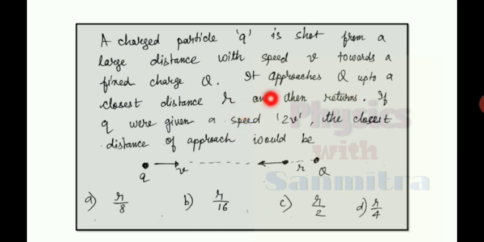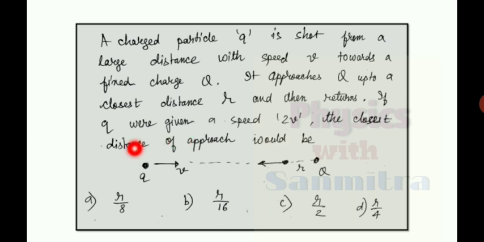Imagine this pointer is the charged particle, it will go towards Q, the velocity will start decreasing and that will be converted into potential energy, up to a closest distance r, and further it cannot go, and then it returns. If Q were given a speed 2v, the closest distance of approach would be, okay.